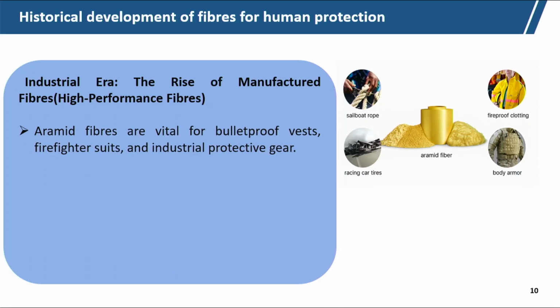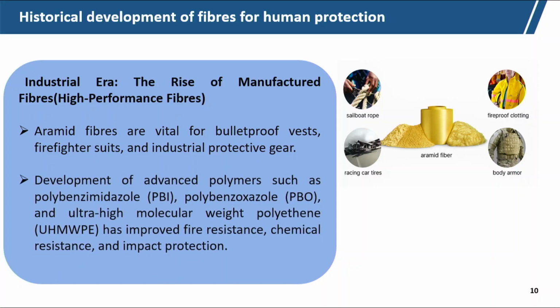Aramid fibers came, which are vital for bulletproof vests, firefighter suits, and industrial protective gear. Now, advanced polymers like PBI, PBO, and ultra high molecular weight polyethylene have improved fire resistance, chemical resistance, and impact protection. So, this type of fiber has come up for protective textiles.